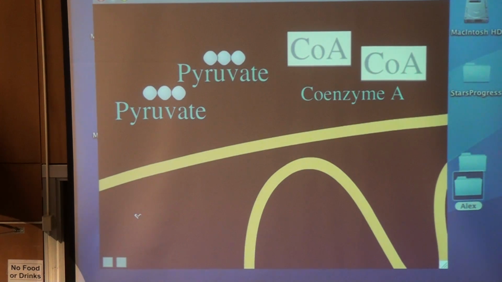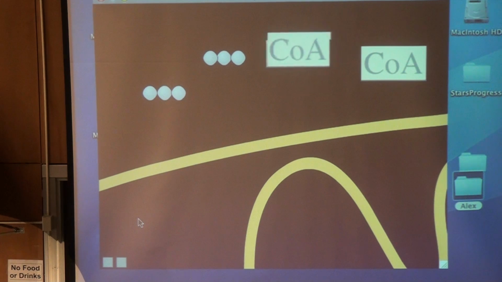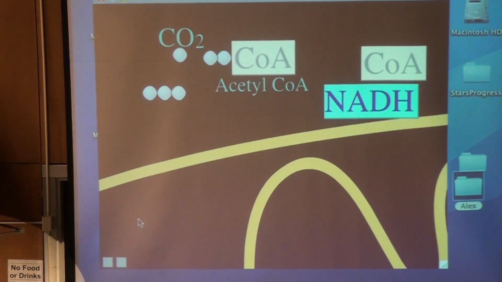Because acetyl is an organic chemistry term meaning a 2-carbon molecule. So watch the coenzyme A, it goes over, knocks one off and oxidizes it into carbon dioxide. So the remaining two are now an acetyl group, and they attach to the coenzyme A, so we have acetyl-CoA.